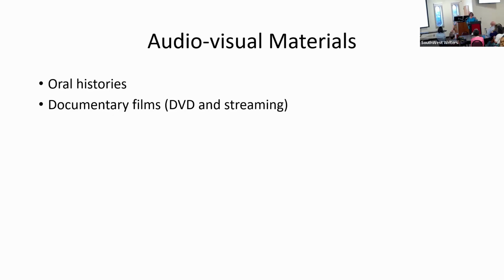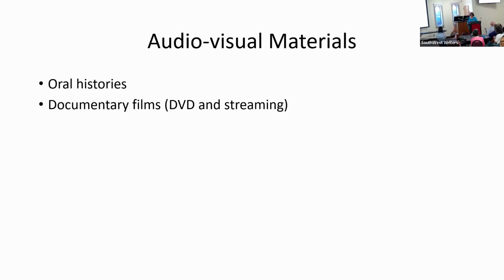I was at a literary festival, and the woman on the panel with me wrote fiction about Japan following the bomb. And she found some really modern documentary films that talk to survivors. And so she got a lot of information from that. So you may find them on DVDs, you may find them streaming.